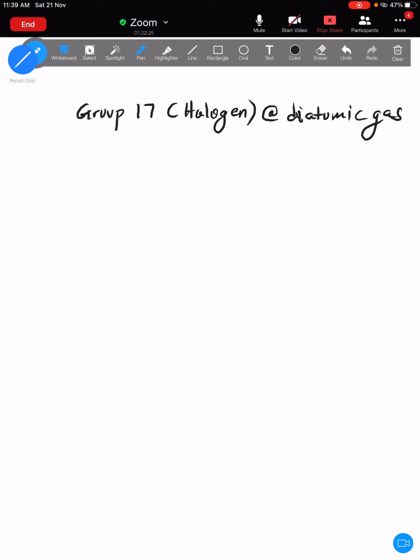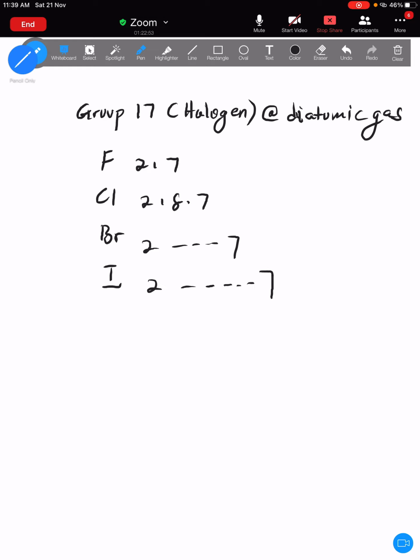In Malay, we call it gas dwiatom. The members will be fluorine, chlorine, bromine, iodine. Remember, the electron arrangements are 2.7, 2.8.7 and so on, ending with 7. Therefore, they are not stable.